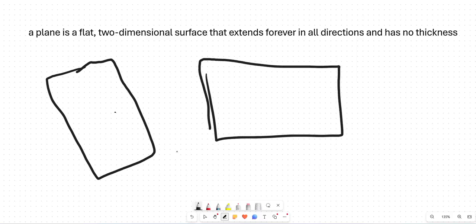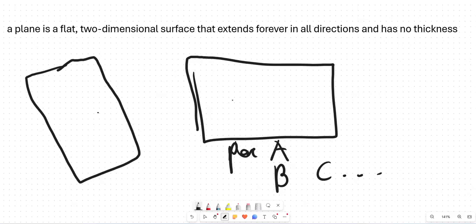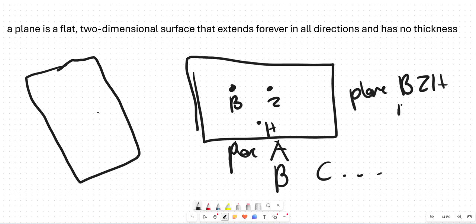And also, I forgot about naming planes. Usually, it's just naming it by a capital letter. It can be A, B, C, and so on and so forth. But if there are three non-collinear points in the plane, let's say this is B, this is Z, this is H, I can say this is plane BZH, or ZBH, or HBZ, and so on and so forth.